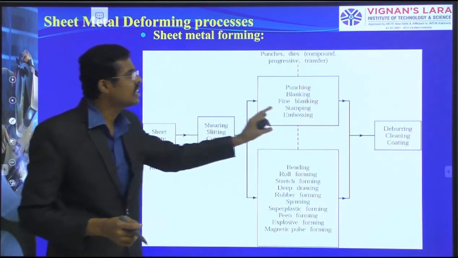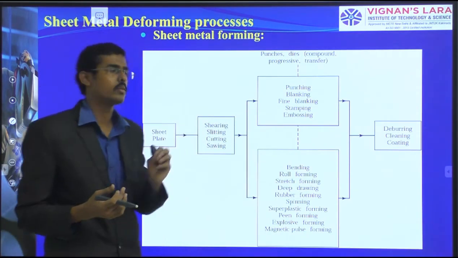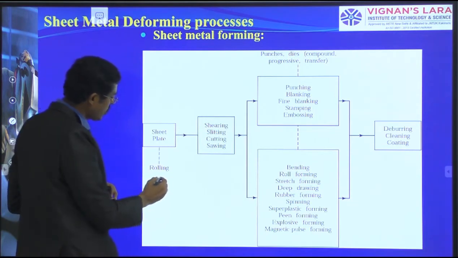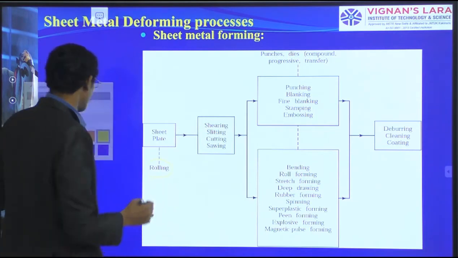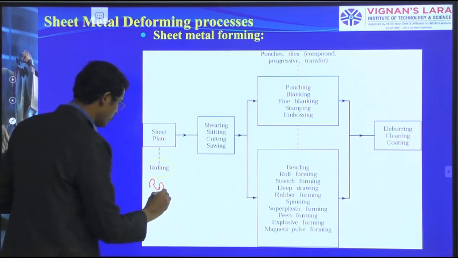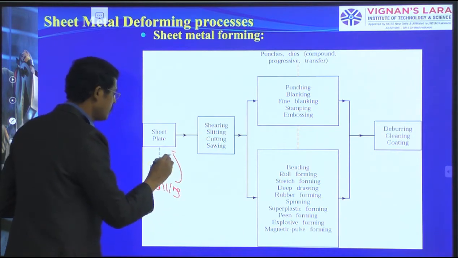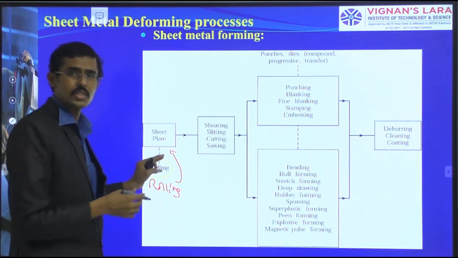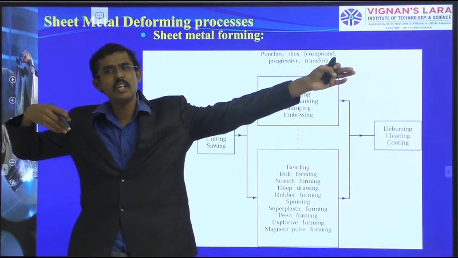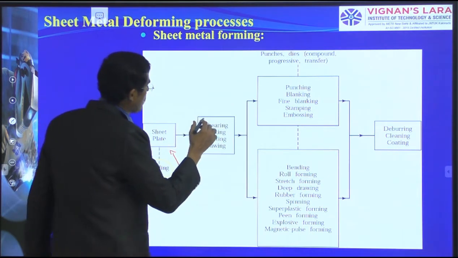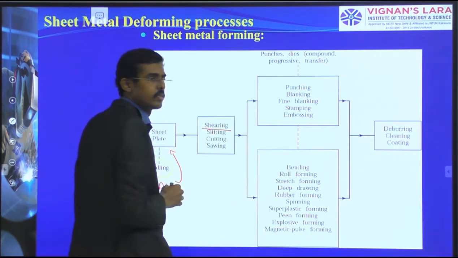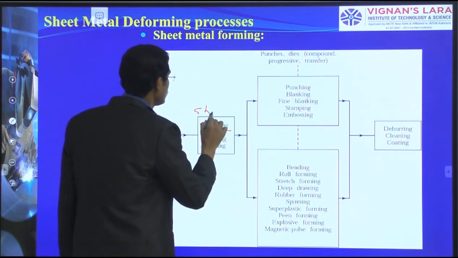So as a general sketch I would like to give here. A sheet metal which is in roll format has been taken. After shearing, it is in long rolling conditions. So therefore, I can shear. Shearing has been done.